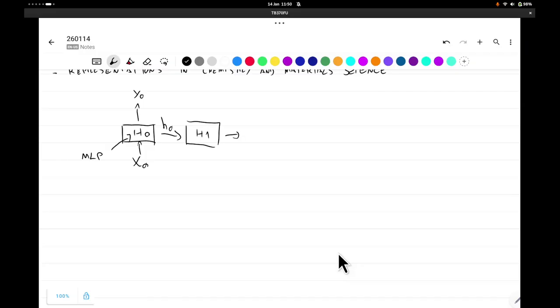The general idea of this recurrent network is that we have in mind a sequence of inputs, and the new input, like x1, goes into the network together with some output from the previous iteration.